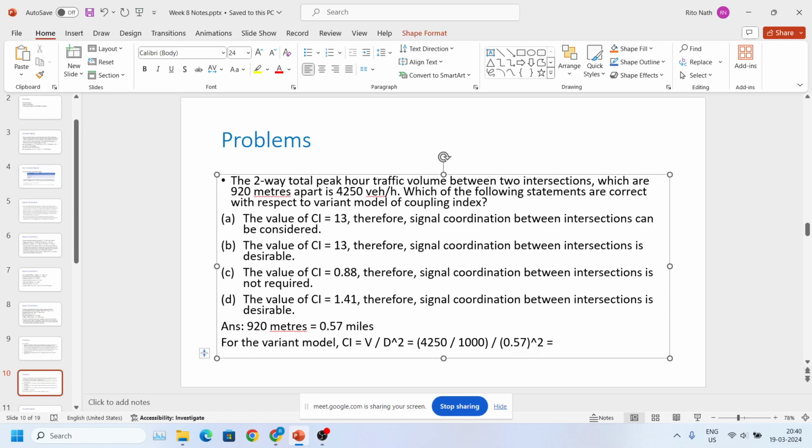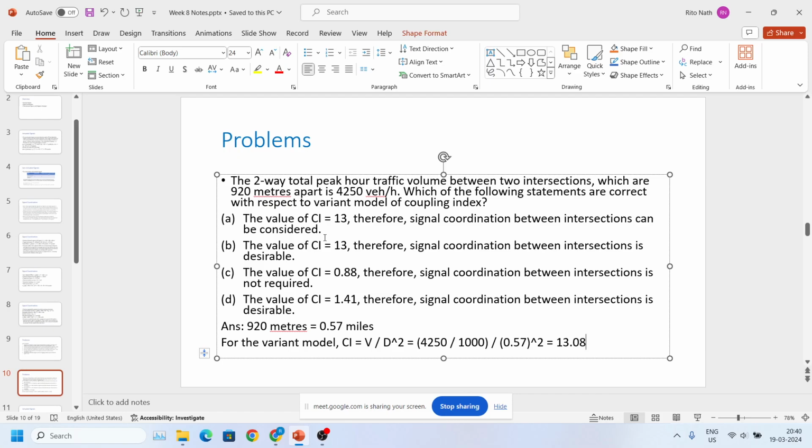That will give you the CI value. So you end up with close to 13. It's 13.08, so that's fine. Here the first two options can be true.